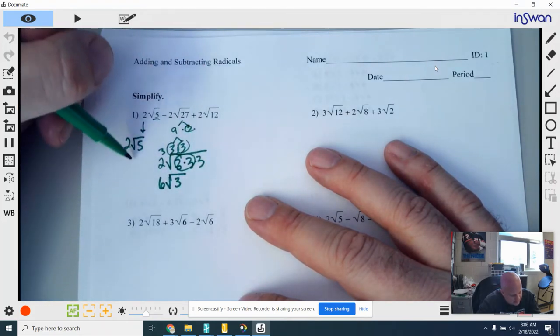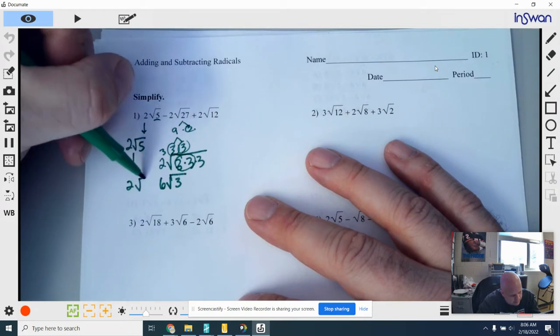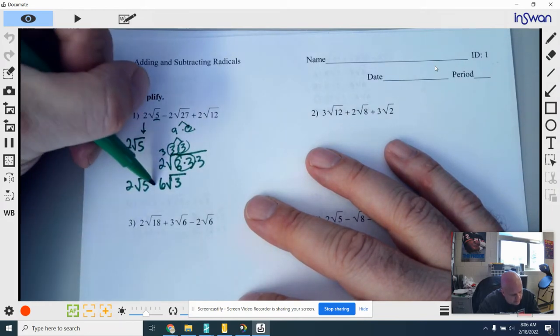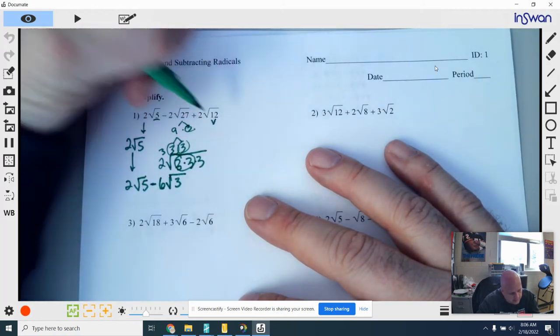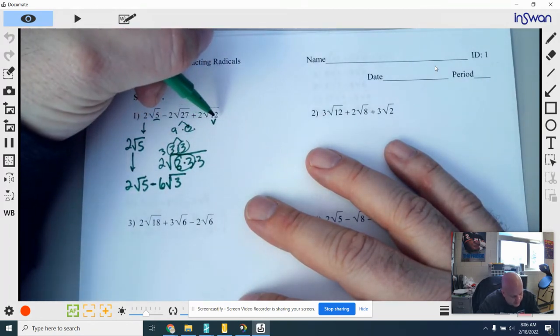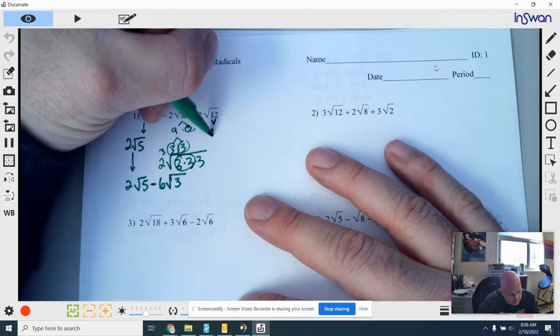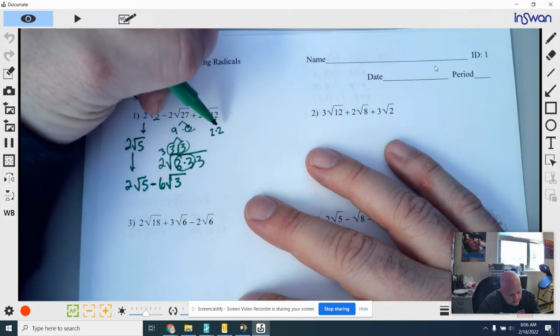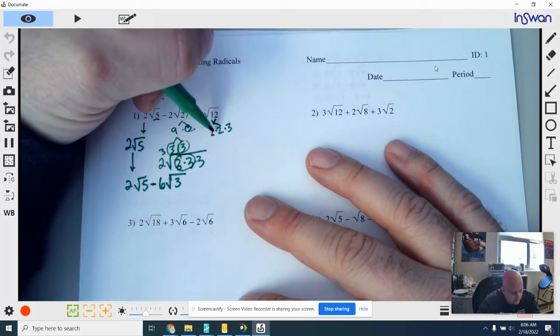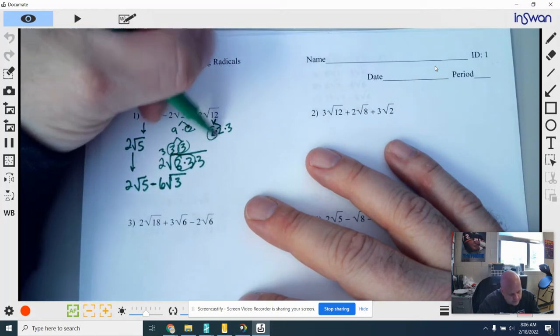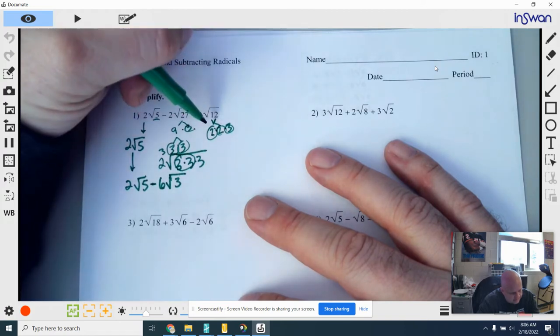I'll drop this 2 root 5 even further to put it in line with the one that we have just done. So there's a minus there. Okay, in the back, we have square root of 12. Well, this is going to break down. I know that's 2 times 2 for my 4 times 3. All those are prime factors, so it's not going to go any further than that.